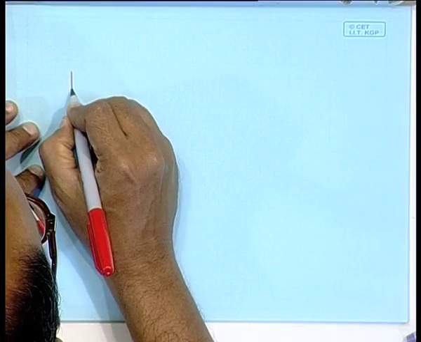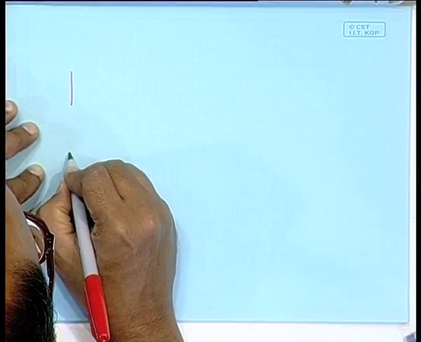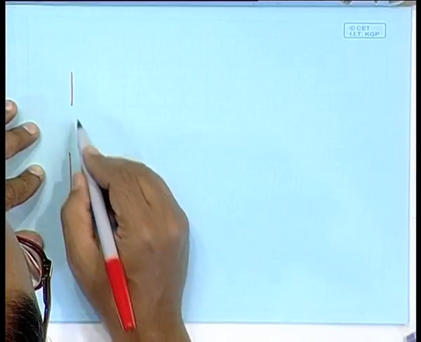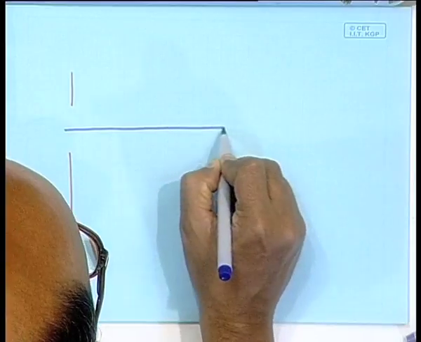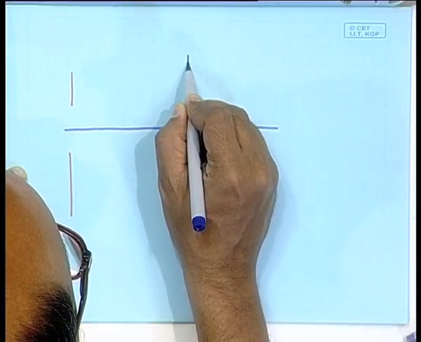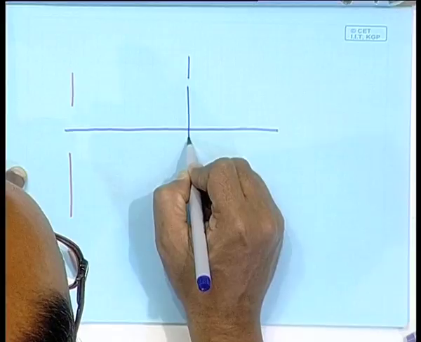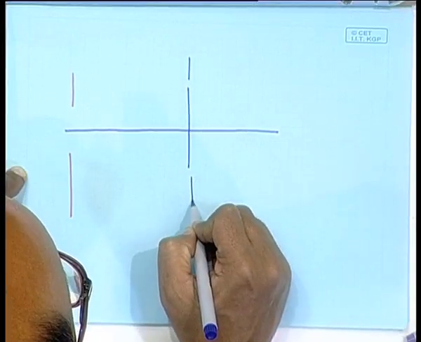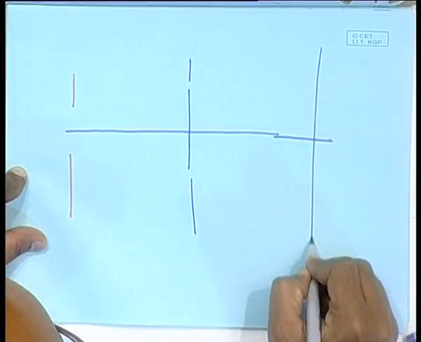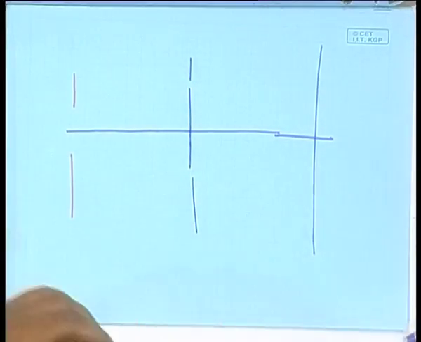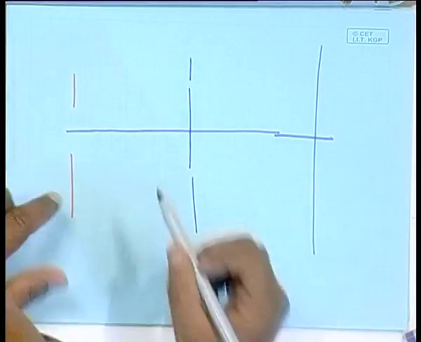So, let me draw a picture explaining the situation that we are going to deal with now. We have a source, and then this is a line through the center of the source. The source is aligned with the slits. These are the two slits, and then we have the screen over here, and the two slits are at a separation of a distance d.